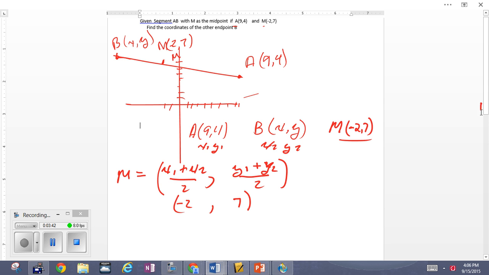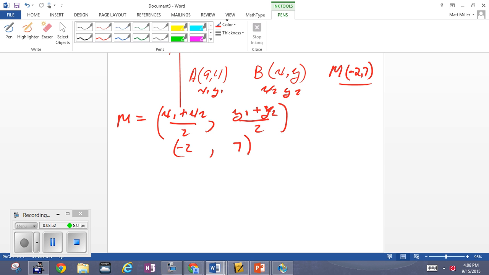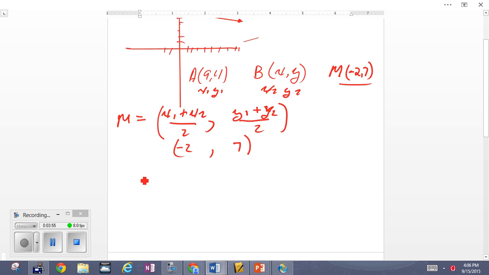Here's what we do. We set up this equation. I have x1 plus x2 over 2 equal to negative 2, and y1 plus y2 over 2 equal to my value of 7.